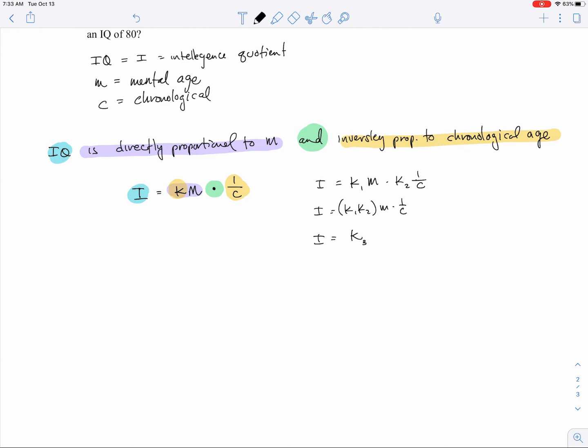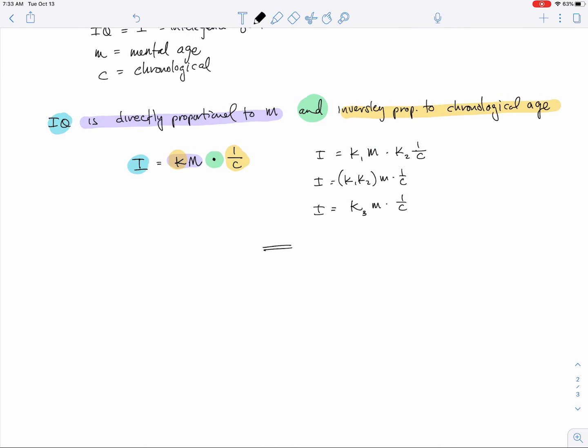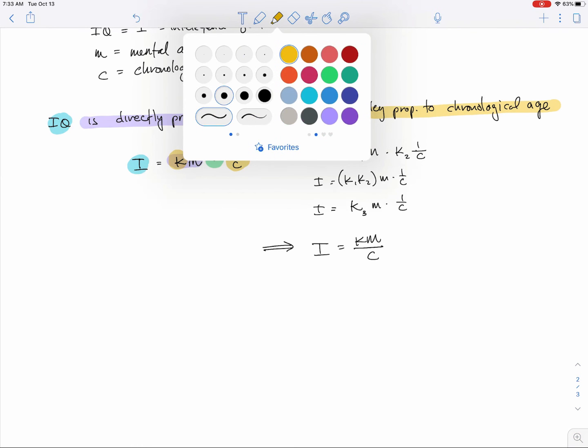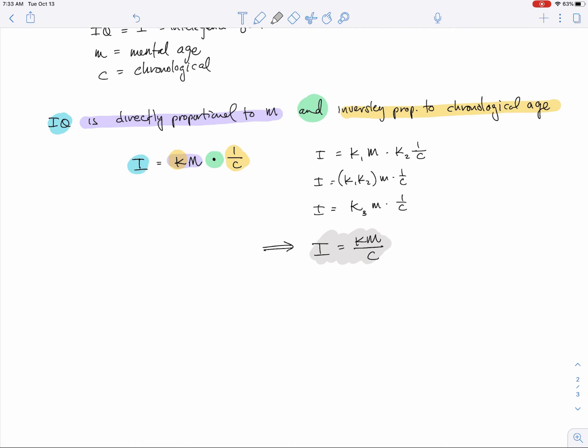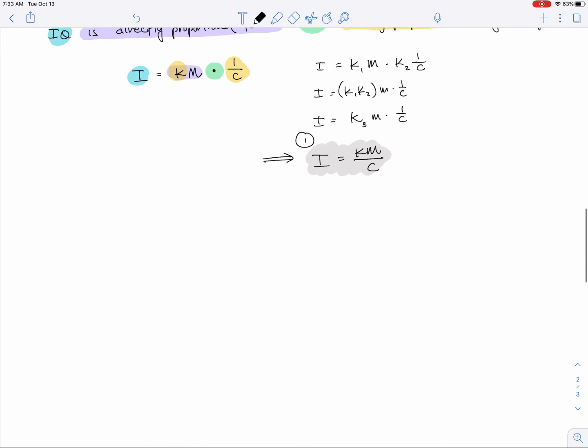Since those are both constants and a constant times a constant is another constant, we get just some constant. We still don't know what it is, M and 1 over C, which eventually will simplify to be I is equal to Km over C, if you want to write it that way. So this is our big form here. Okay, so that was step 1.